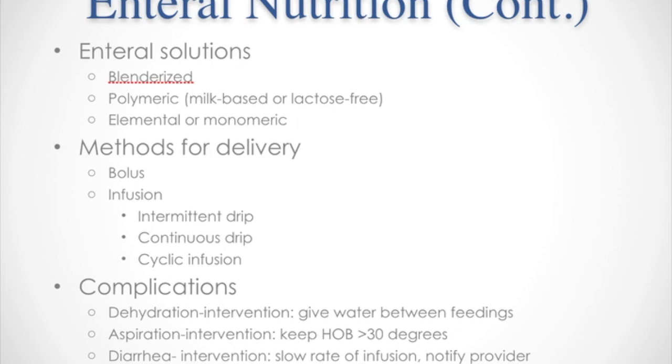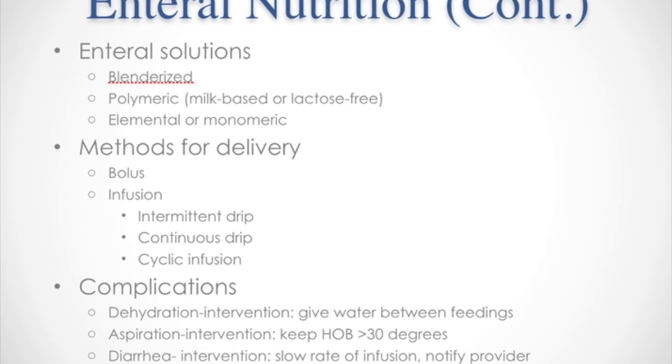To determine GI motility, we must listen for bowel sounds and assess for the presence of bowel movements. There are a variety of different formulas and delivery methods that offer various nutritional benefits.